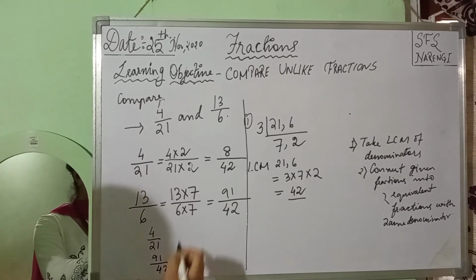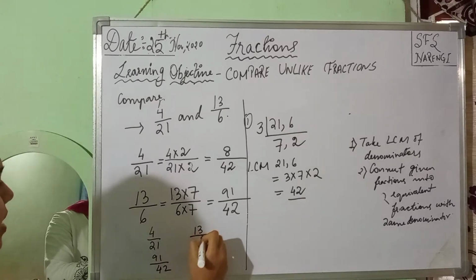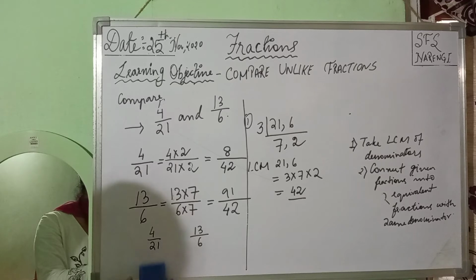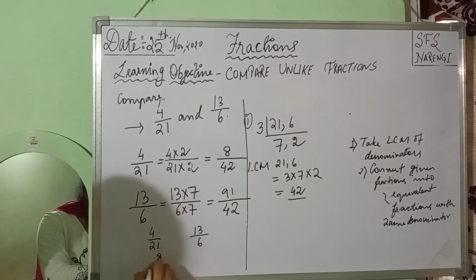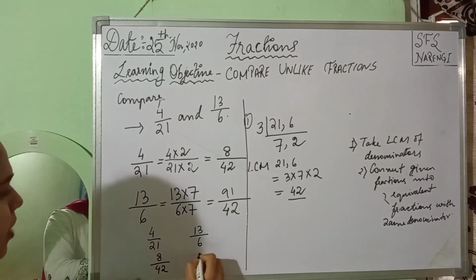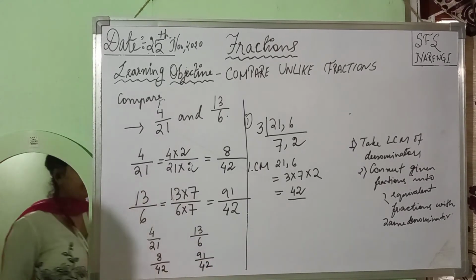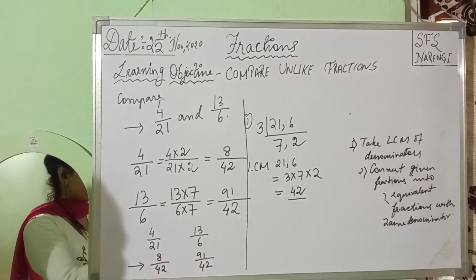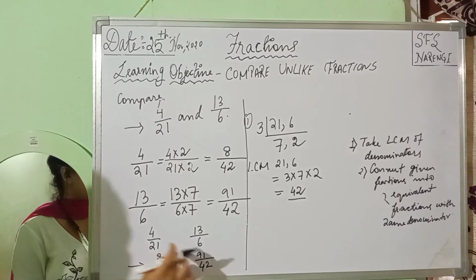Okay. Now children, you have seen that 4 by 21 can be written as 8 by 42, and 13 by 6 can be written as 91 by 42. Now in this case, children, please see the denominators are equal. All you have to see is the numerators.